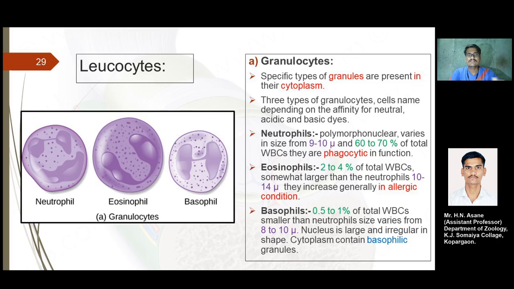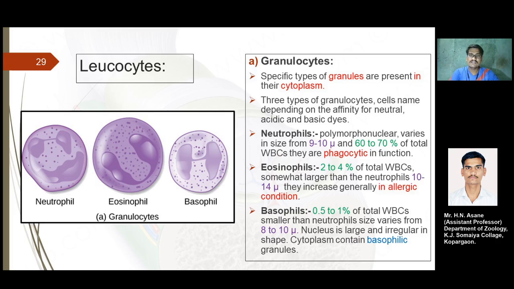Polymorphonuclear means more than one nucleus is present in these neutrophils, as you can see, and these nuclei are connected by means of a thread-like structure, and they perform synchronized functions. That's why it's known as polymorphonuclear, the presence of more than one nucleus.